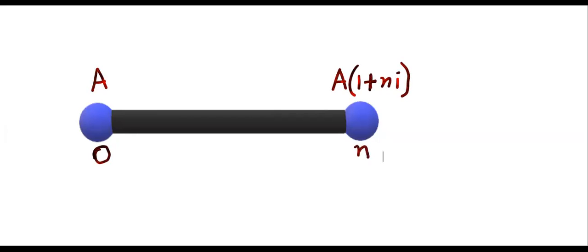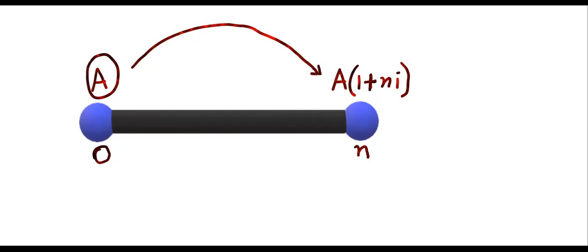Remember, this is the first formula, the simple interest formula. If you deposit A, this amount will grow to A into 1 plus i after n years. It's a simple formula. You can remember A into 1 plus ni.